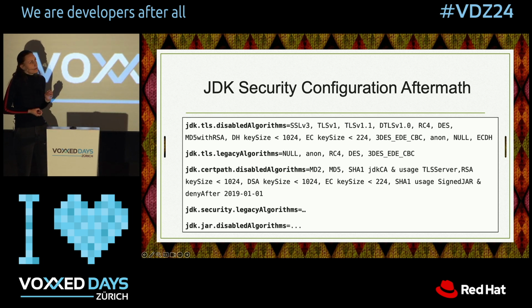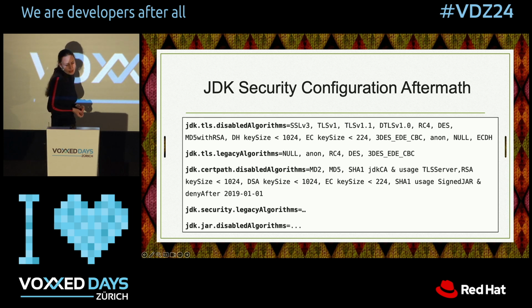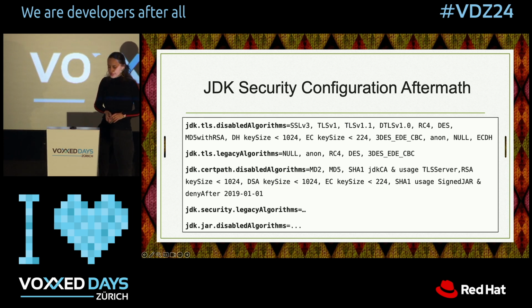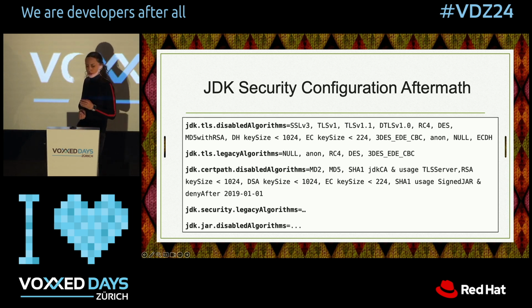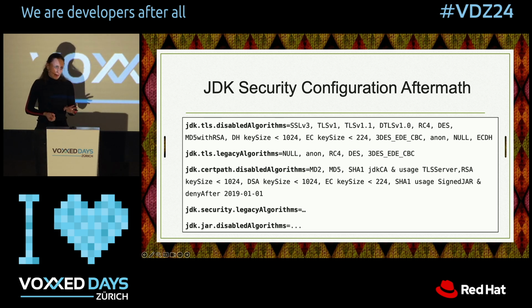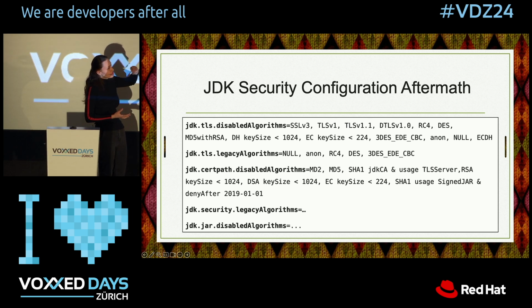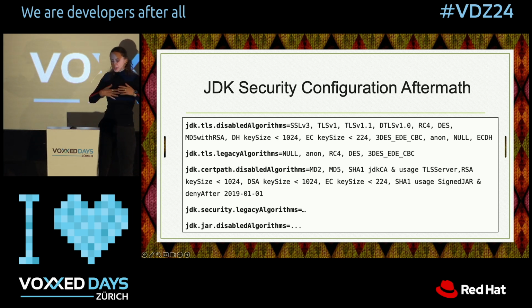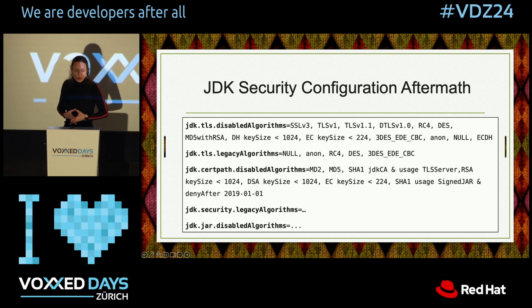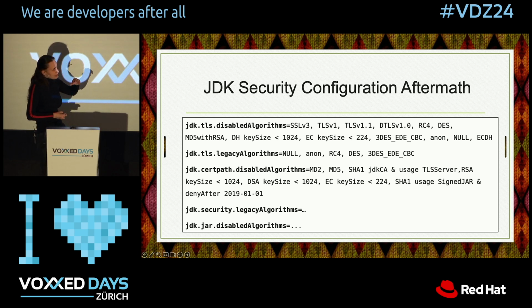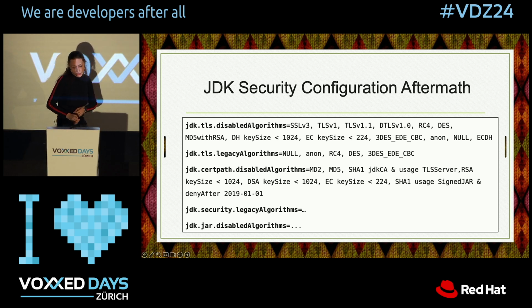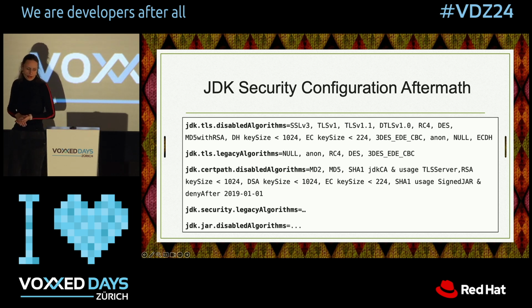So there are multiple security properties in the Java security file that allow you to control which algorithms are disabled in different areas. So you can be more strict with your application and enable just certain algorithms that you know are very strong, and allow only those to be used in your application by configuring this file.